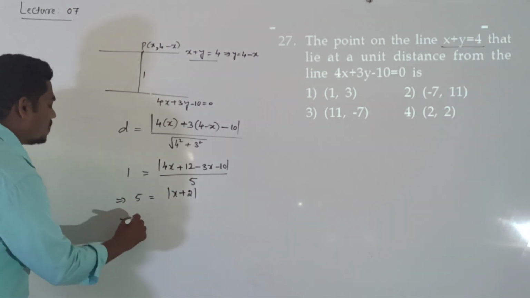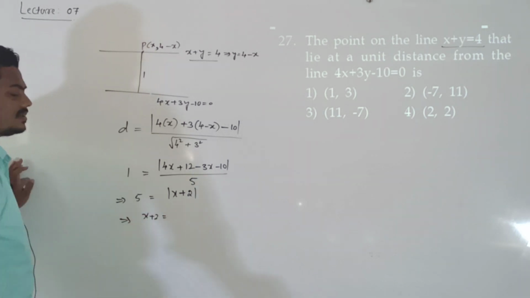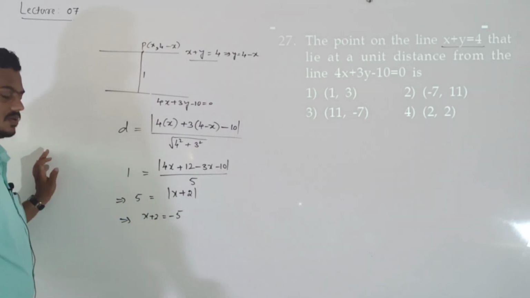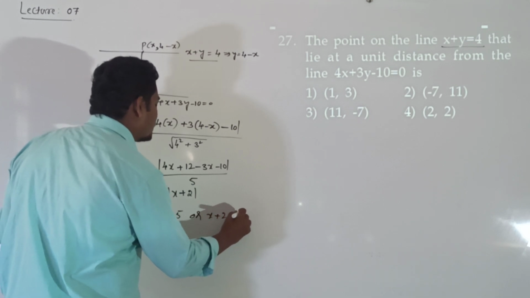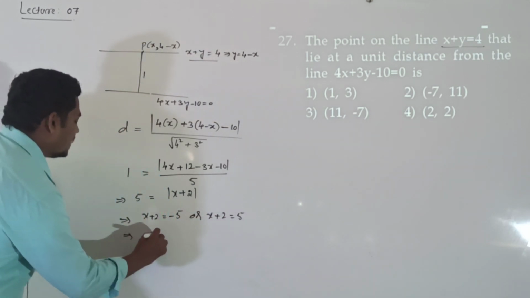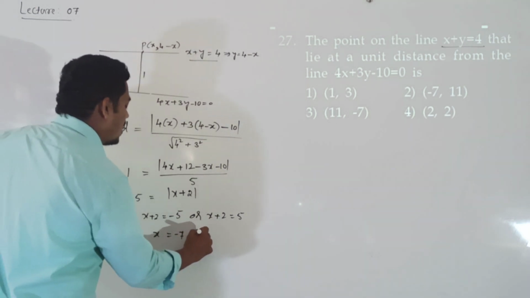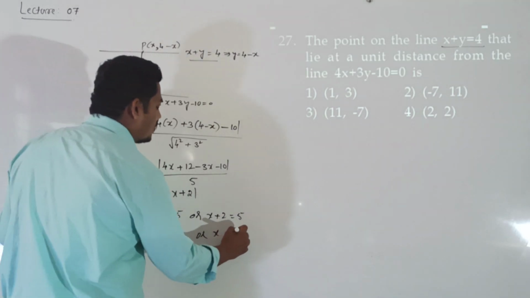Modulus of x plus 2 means, instead of modulus sign, consider plus or minus sign. So x plus 2 is equal to minus 5 or x plus 2 is equal to plus 5. Then x equal to minus 7 or x equal to 3.